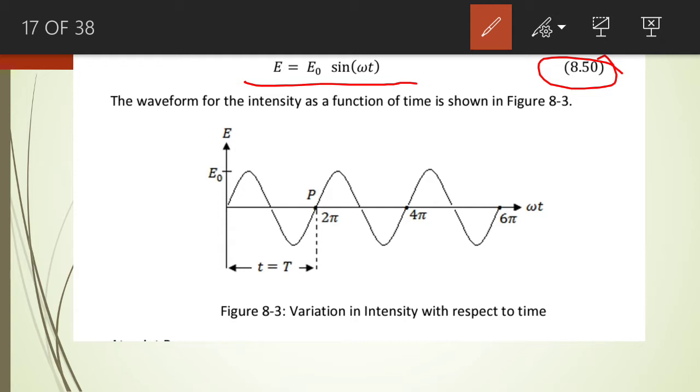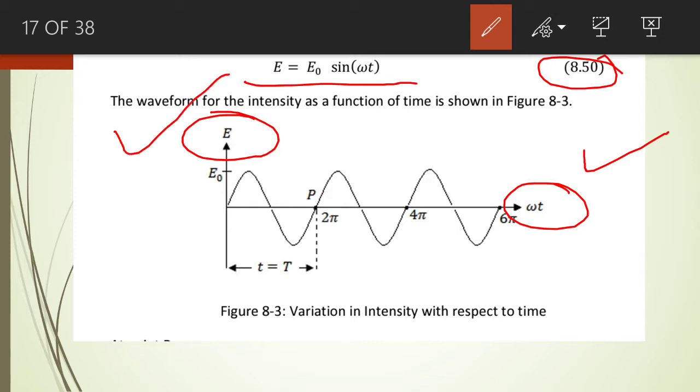So the magnitude of the electric field intensity will be equal to E naught into sine of omega t. So what we do, we plot the magnitude of the electric field intensity with respect to omega t. We take omega t along x-axis and the magnitude of the electric field intensity along y-axis, and we get the sine wave form as shown in this figure number 8.3.